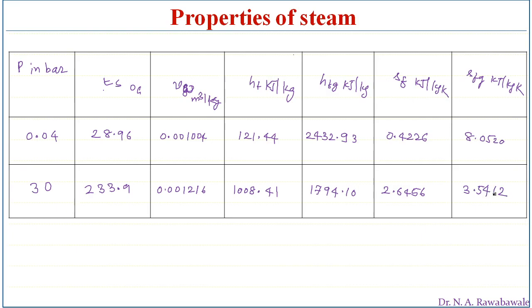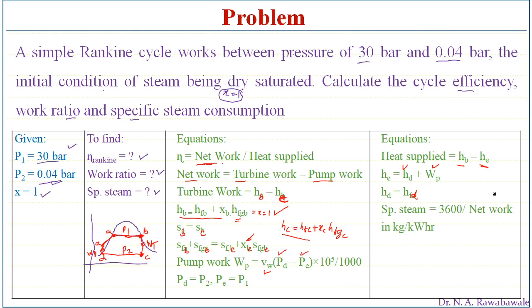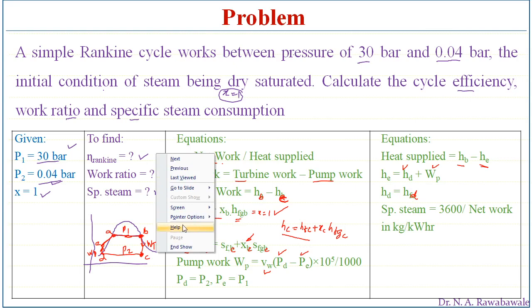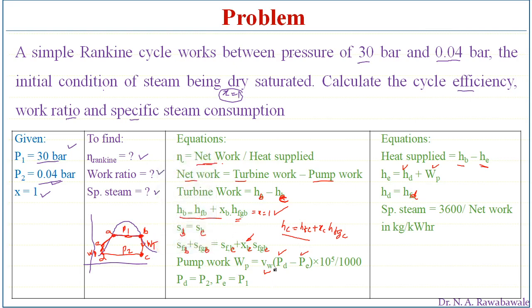Now coming back, what we have to find out at first is to be decided. So this was our plan. We started from here and we reached lastly at this point. We have obtained all these values.